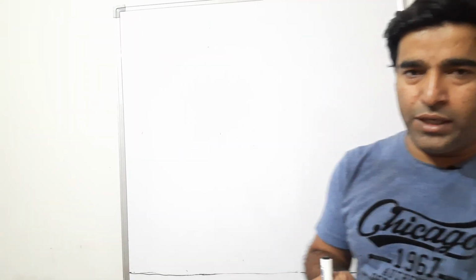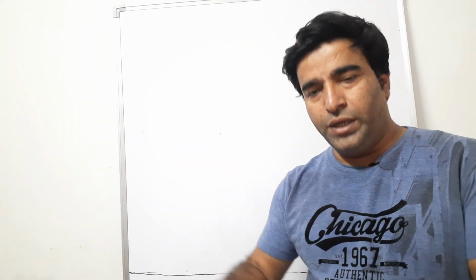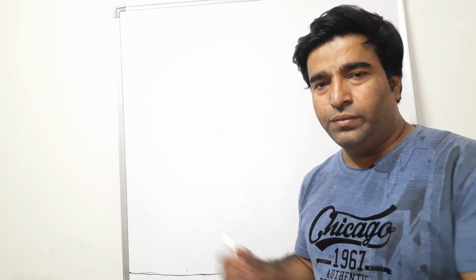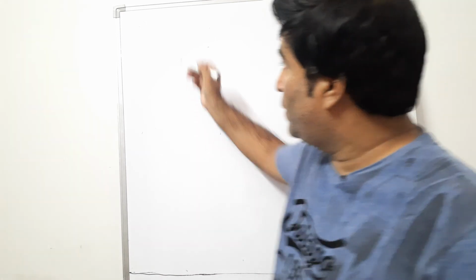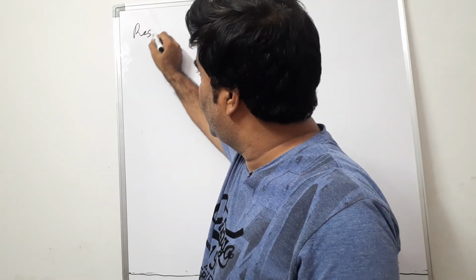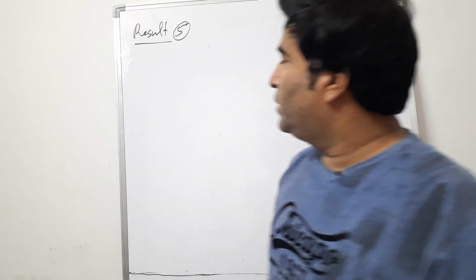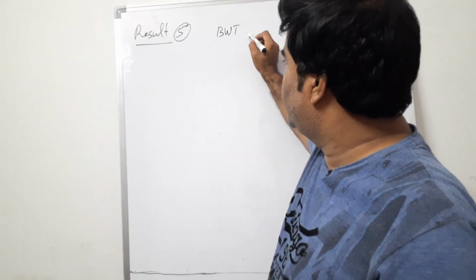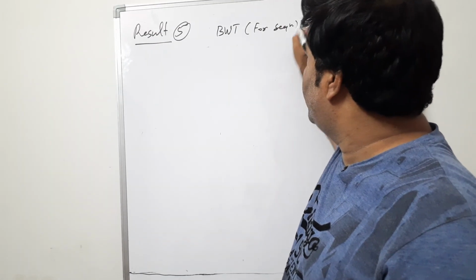So we can say that if a sequence is bounded, then it always has at least one convergent subsequence. Result 5: actually, the Bolzano-Weierstrass theorem for sequences.